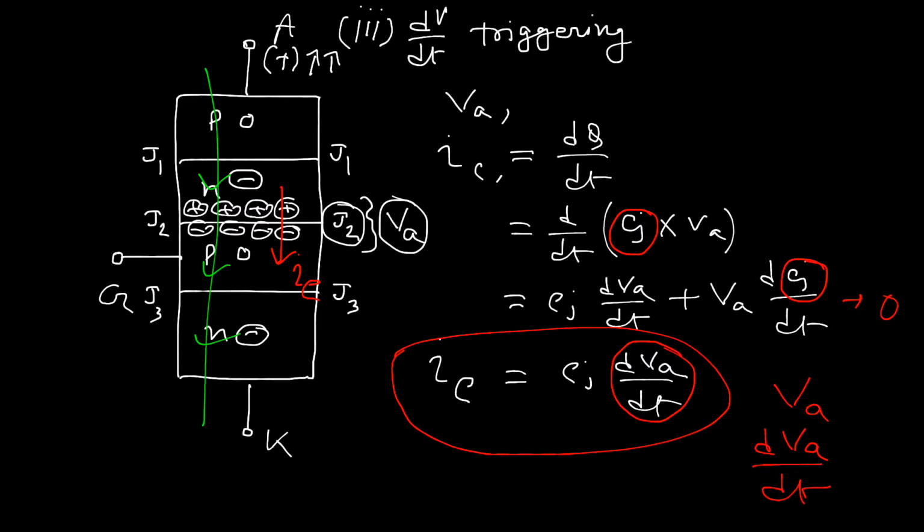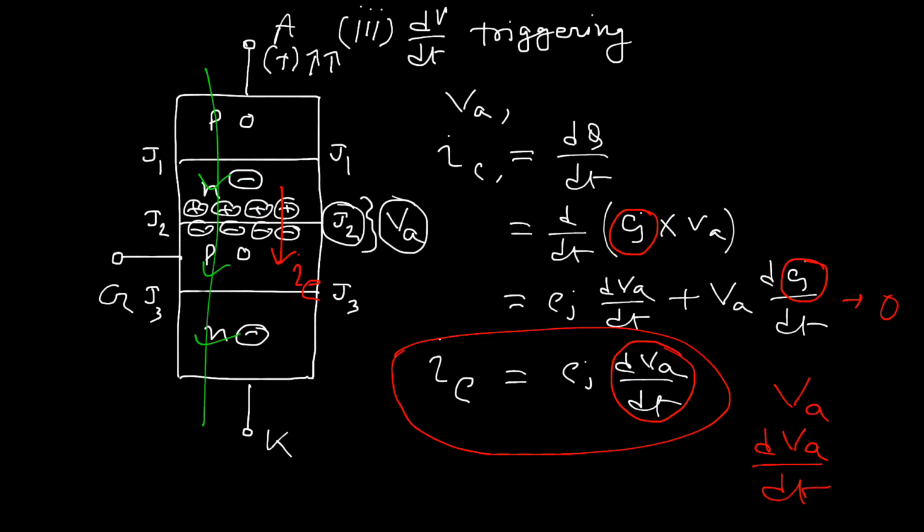We can conclude from this phenomenon that device conduction depends on the rate of change of voltage applied across the anode, not only the magnitude of the anode voltage. Similarly, if we increase a huge amount of anode voltage gradually, the device can be in the on state.